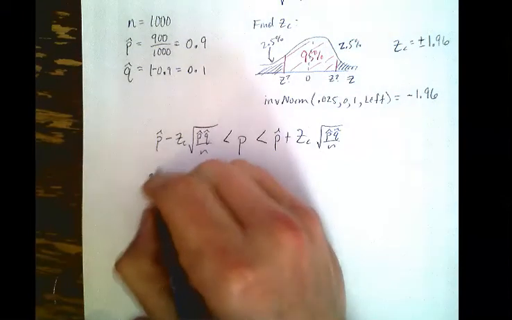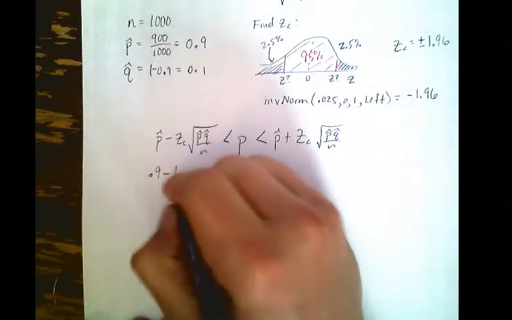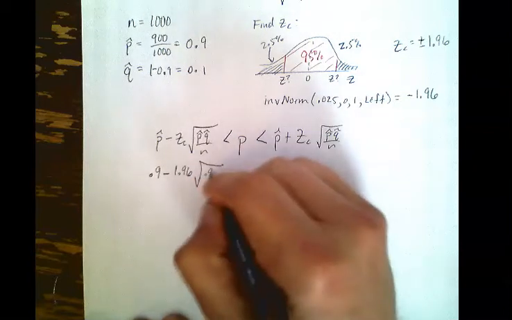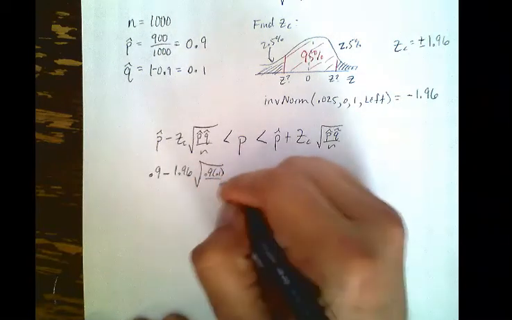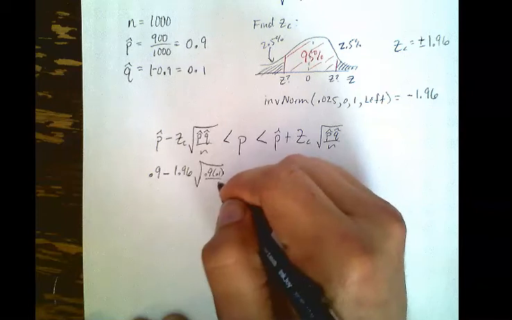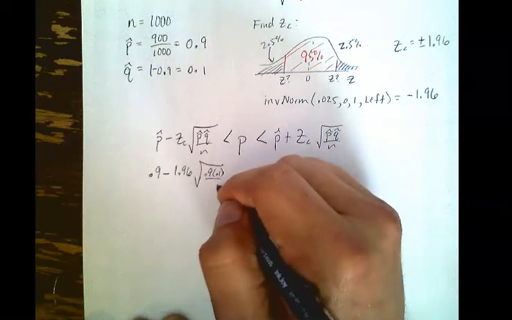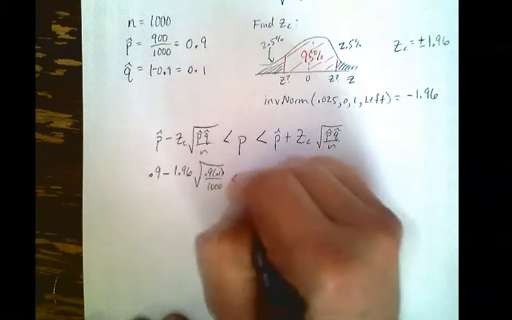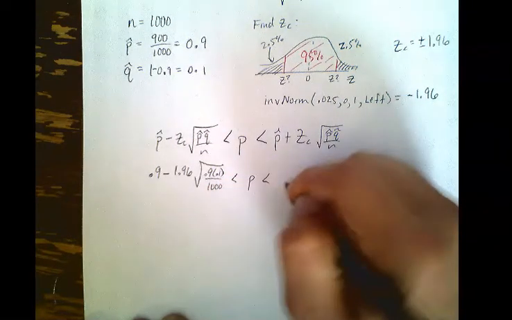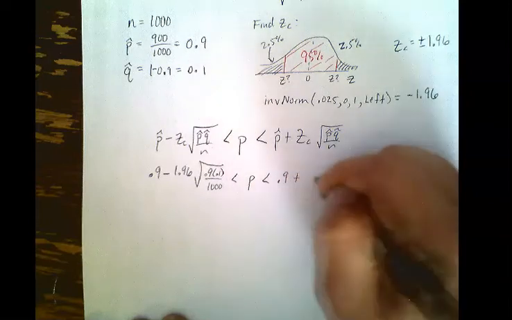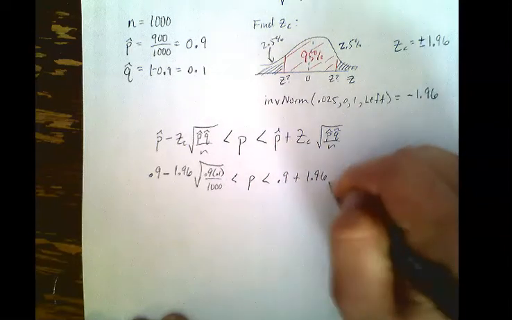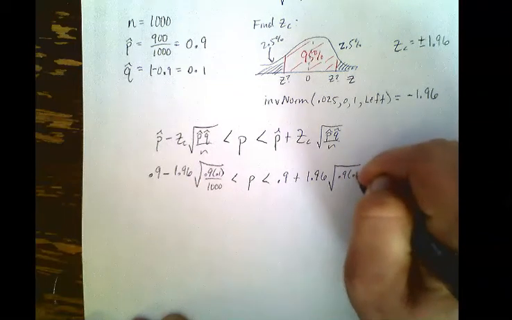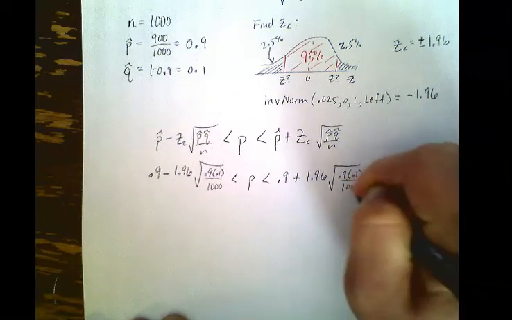P hat is 0.9 minus 1.96 root 0.9 times 0.10 over 1,000, less than the true P, less than 0.9 plus 1.96 root 0.90 times 0.10 over 1,000.